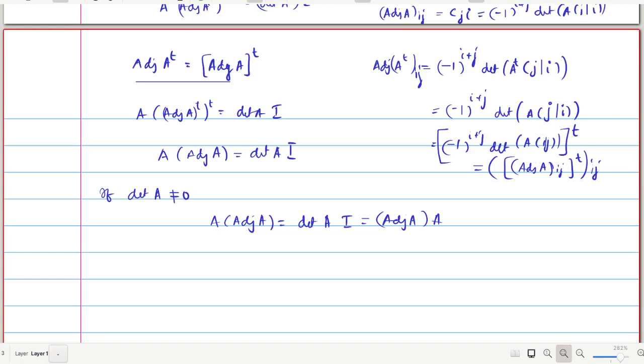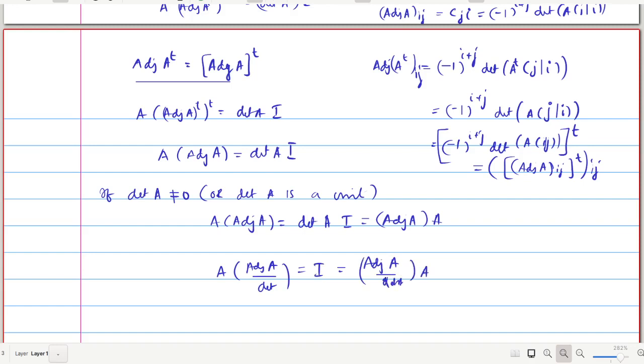If you are considering determinant A as an element of a ring, and it is invertible, that means there exists a multiplicative inverse for det A. In the case of a commutative ring with unity, if det A is a unit, meaning it possesses a multiplicative inverse, then A times adjoint A by determinant A equals the identity matrix, which equals adjoint A by determinant A times A.